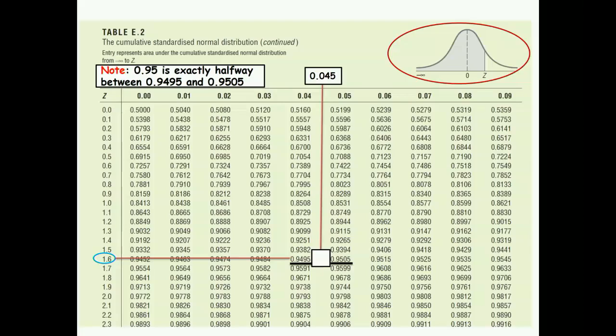If it is not exactly in the middle, what would you do? You always take the nearest. For instance, if you are searching for 0.9504, you will take this one, because 0.9504 is close to this one. But 0.95 is exactly in the middle, so 1.645.